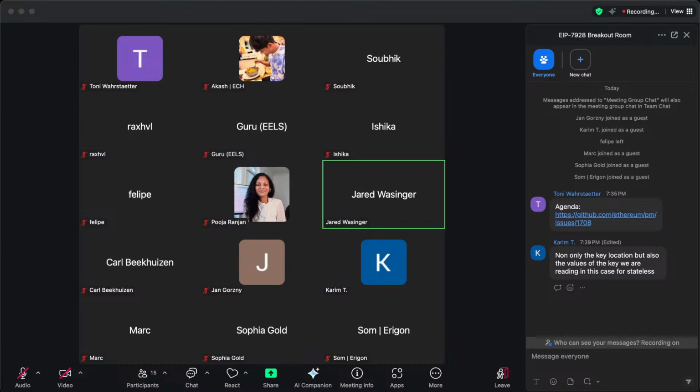On the Besu side, I think if we want to implement the full parallelization, what we will use for the write, only the write, is something similar to what Jared did.